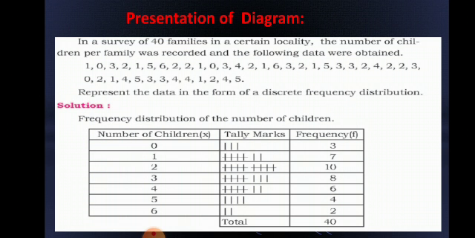See the individual values: 3, 7. So 3 families have 0 children, 7 families have 1 child, like that. Totally there are 40 families. I want to know what is the contribution of 3 out of 40, and 7's contribution or percentage of 40.